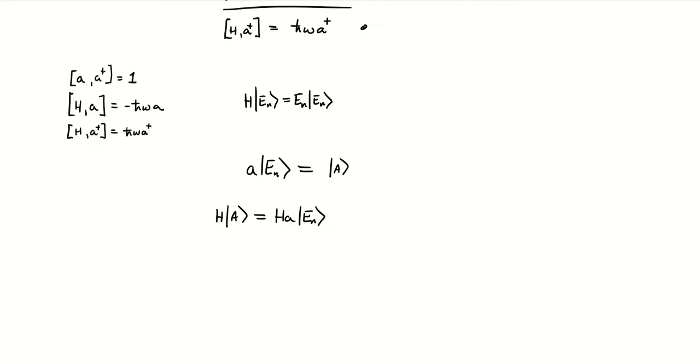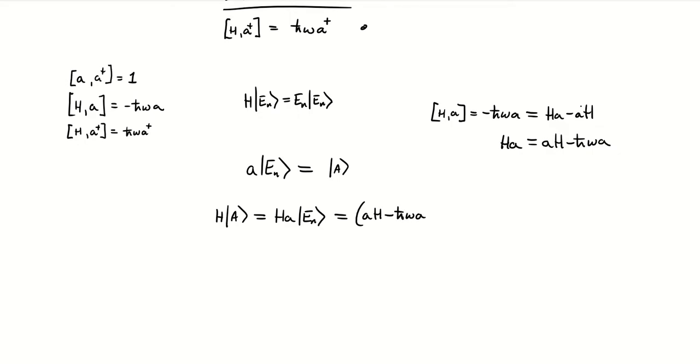We know from our commutation relation that this HA minus AH is equal to negative h bar omega A. So that Hamiltonian times the lowering operator can be written as just AH minus h bar omega times that lowering operator. So we can substitute that in here and we get (AH minus h bar omega A) all operating on that energy eigenstate, right?